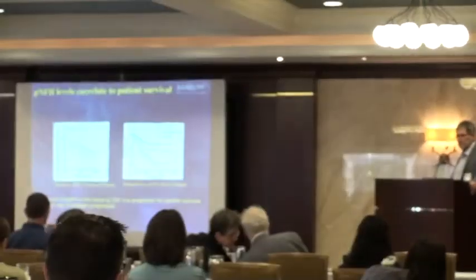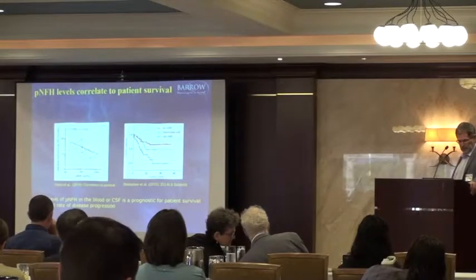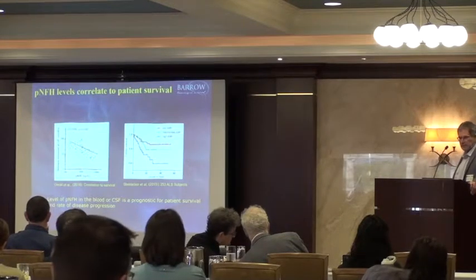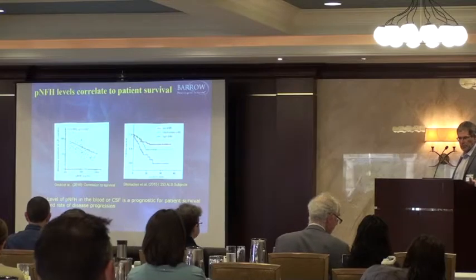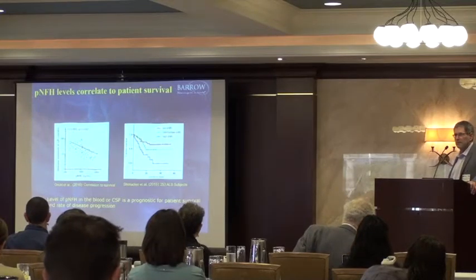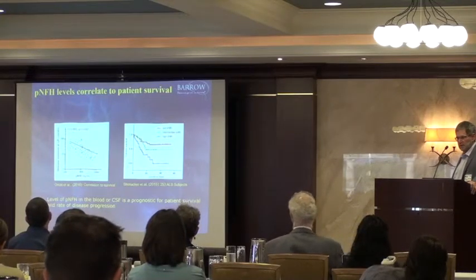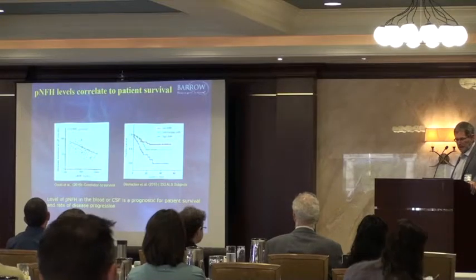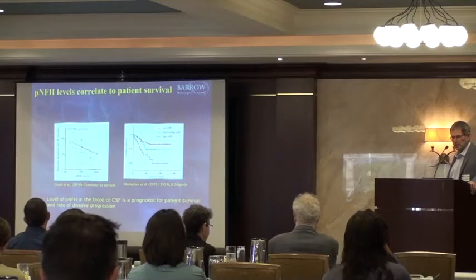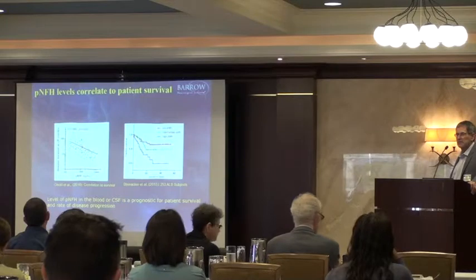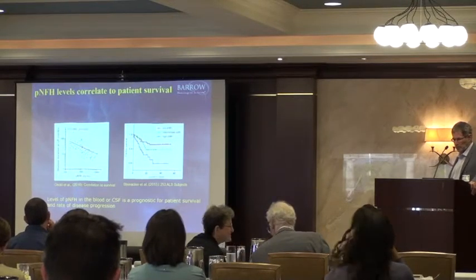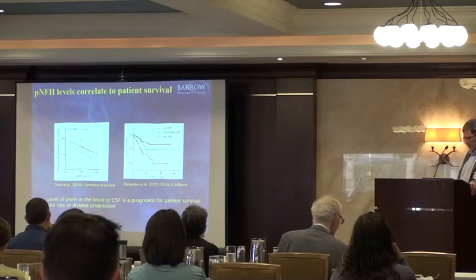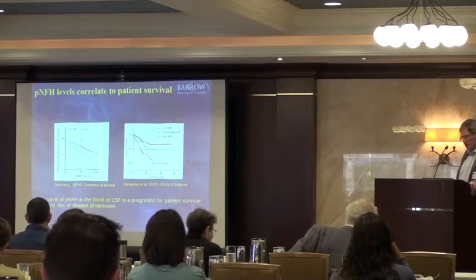On the left is a scatter plot showing that the level of phosphorylated neurofilament is related to disease progression, so that the more neurofilament you have, the shorter your disease progression is likely to be. And if you stratify patients according to levels of neurofilament, patients with higher levels of neurofilament will progress more quickly than patients with lower levels.